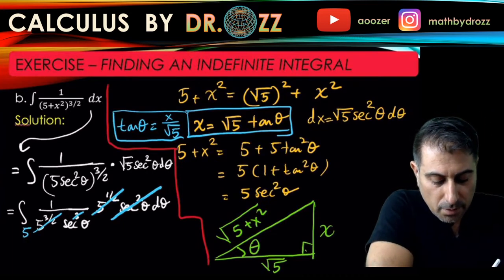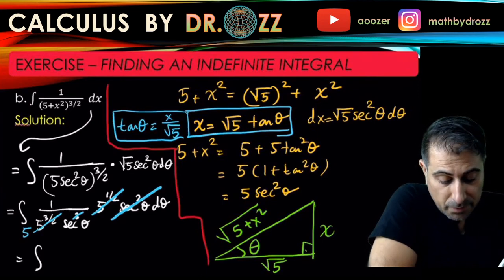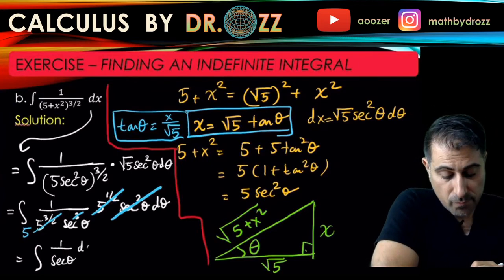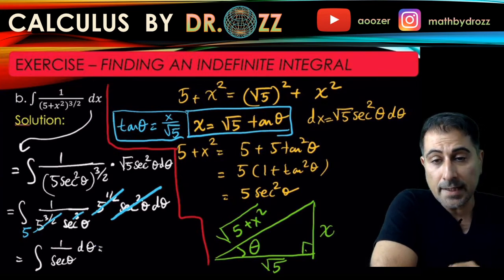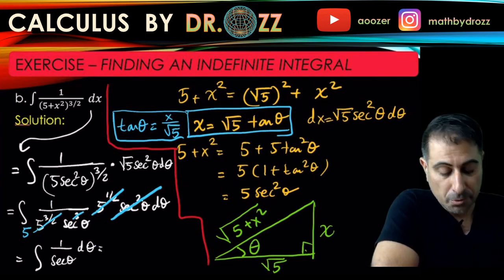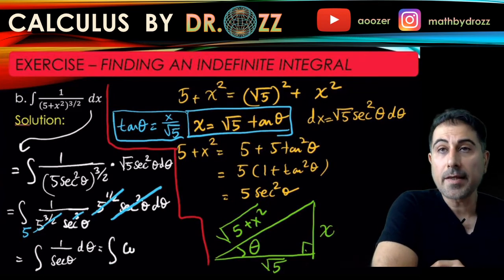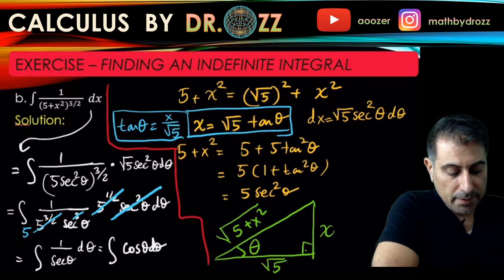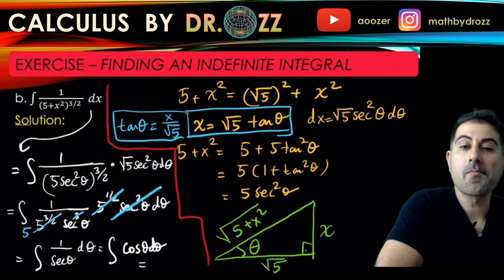The only thing left is 1 over secant theta d theta. Secant theta is 1 over cosine theta, so flipping it, this is cosine theta d theta, which integrates to sine theta plus c.